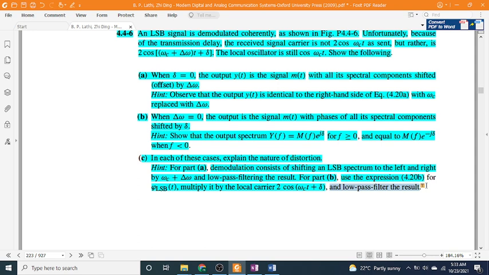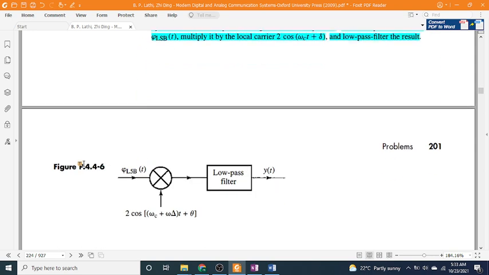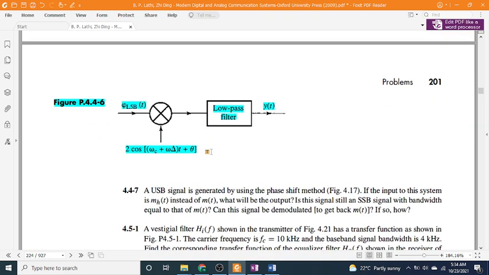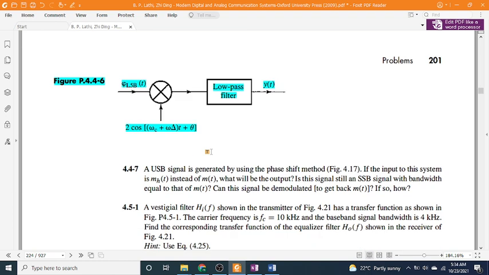Figure P4.2-6: φLSB(t), 2 cos((ωc+Δω)t+δ), low-pass filter, y(t).